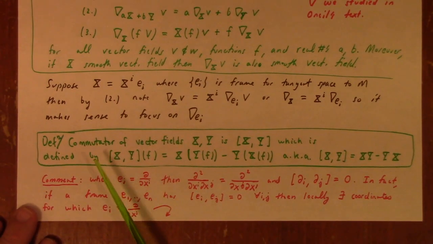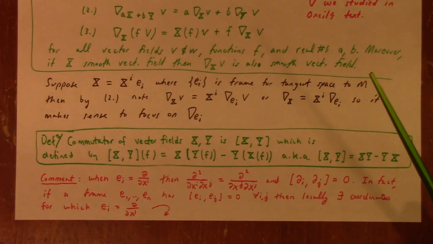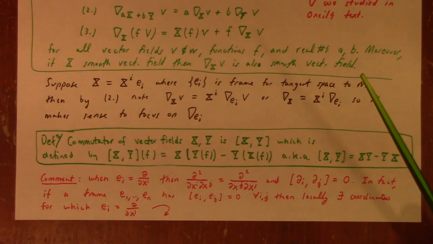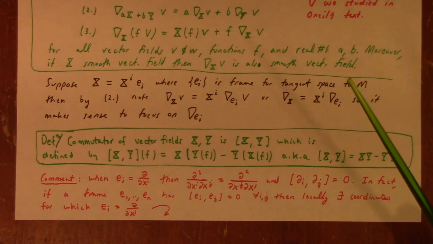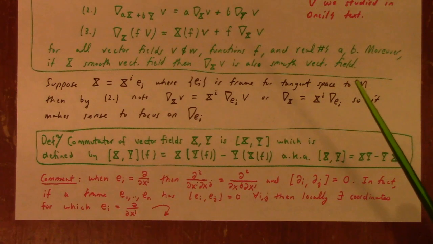But anyway, let's see here. The commutator of vector fields, the bracket [X, Y], is defined as such, so it's a composition of operators. At first glance, you'd think, well, if I take the composition of two differentiations, I don't get something that satisfies the product rule. If you've studied the second order, like d squared dx squared, it does have a product rule, but it's not the Leibniz rule. It's something a little bit funkier.